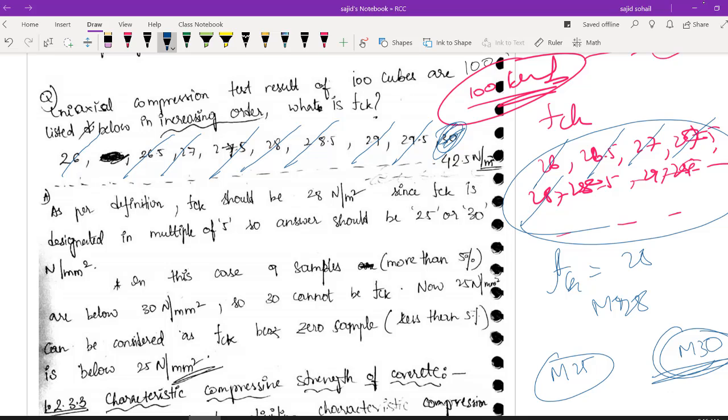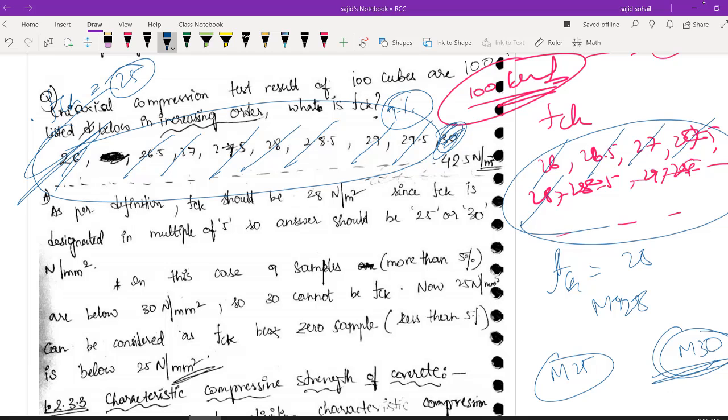Whenever I am applying this 30 Newton per mm square stress, almost 9 samples are failing. 9% is failing. So I cannot take M30. I have to be on a safer side as a designer. Even though these values are not there, I will be considering FCK as 25 only in this case.